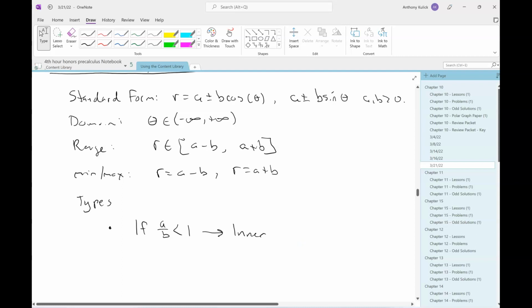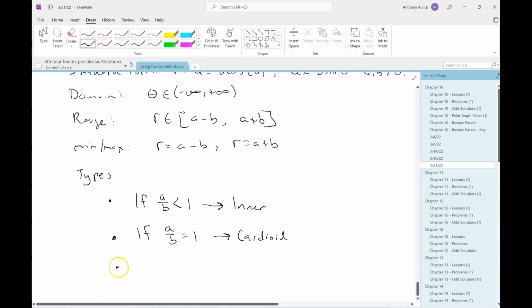So if a over b is less than 1, it's called an inner loop curve. If they're equal to exactly 1, this is called a cardioid curve because it kind of looks like a heart.